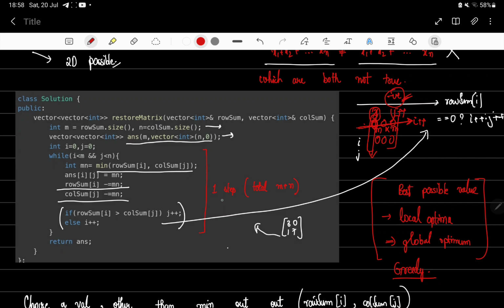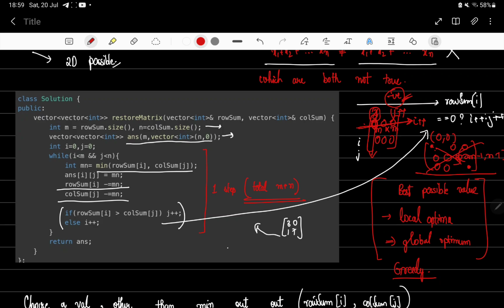So we have to take m plus n steps to reach the final cell, the m minus 1, n minus 1 cell from 0, 0, if we are taking zero based indexing. We'll be filling everything, and whatever is not filled is already 0, which we don't need to care about.